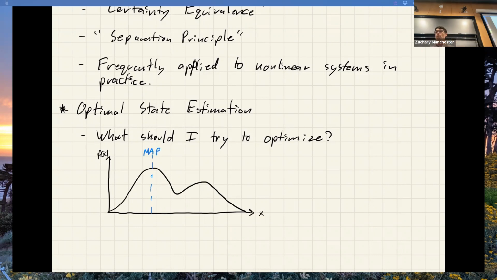There's another one that's also super common, which is basically the minimum squared error estimate, roughly the weighted mean of this distribution, which is probably somewhere over here in this picture. This is called the minimum mean squared error estimate. These are just two options; I could make up lots of other things, but these are probably the most common two that you'll see in practice.